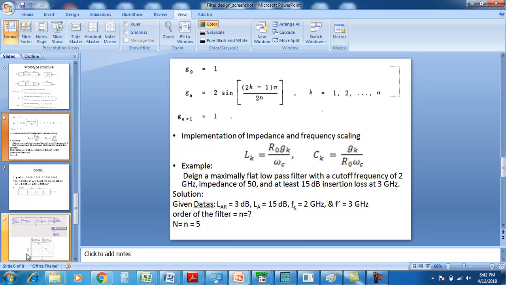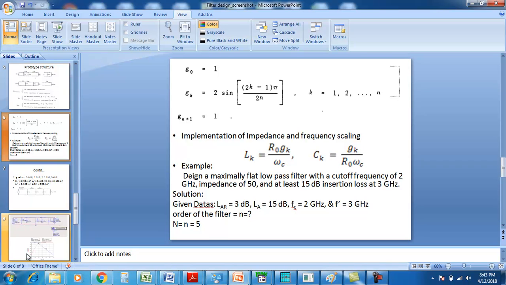That's why LAR is a fixed one, equal to 3 dB. Then LA is equal to 15 dB at 3 GHz. So that frequency is f dash. fc equal to 2 GHz.